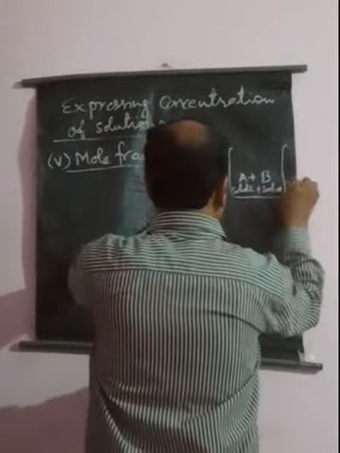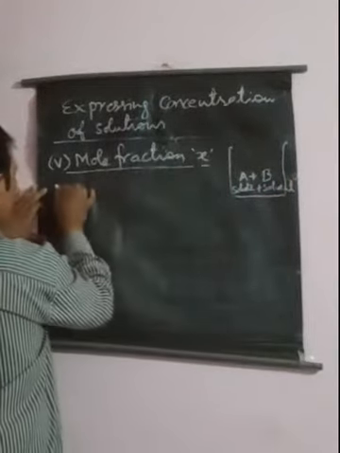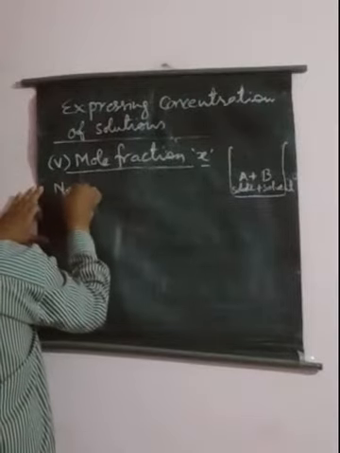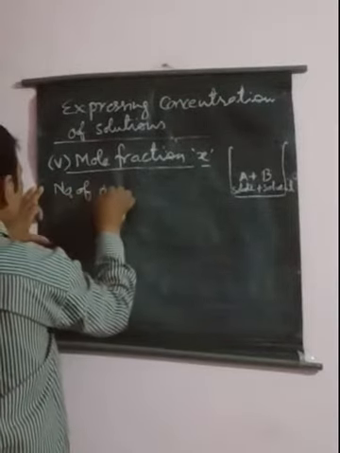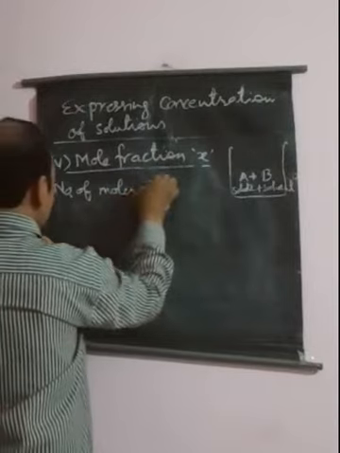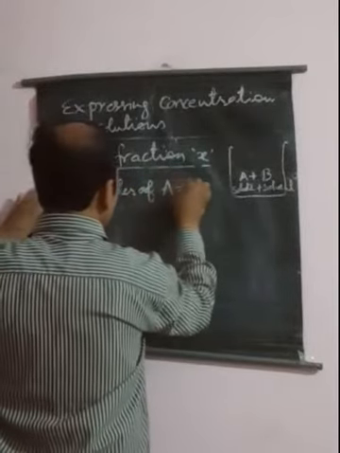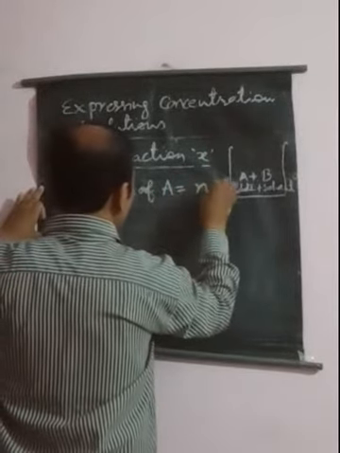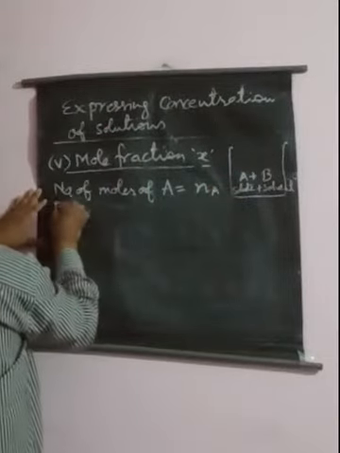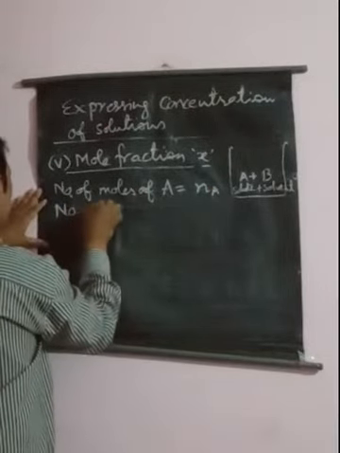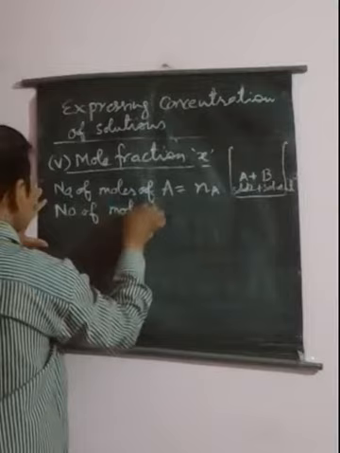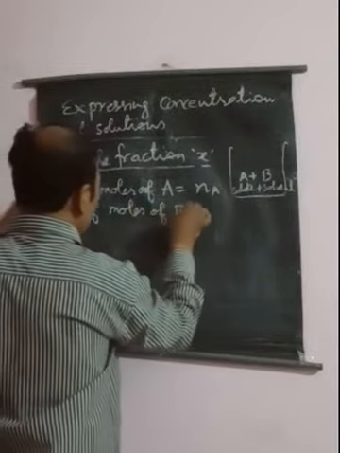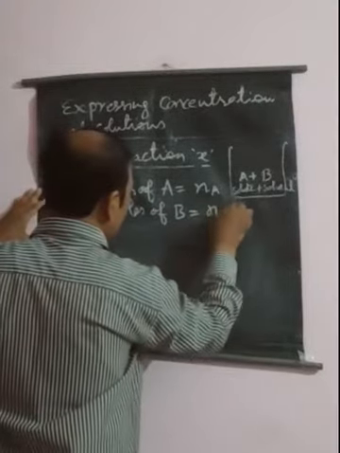Now, suppose the number of moles of component A is equal to small n A, and the number of moles of component B is equal to n B.